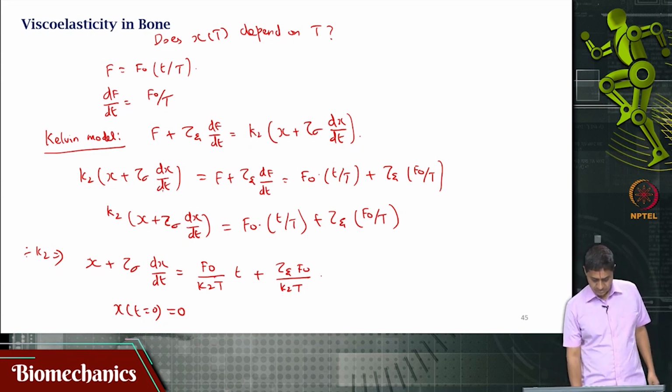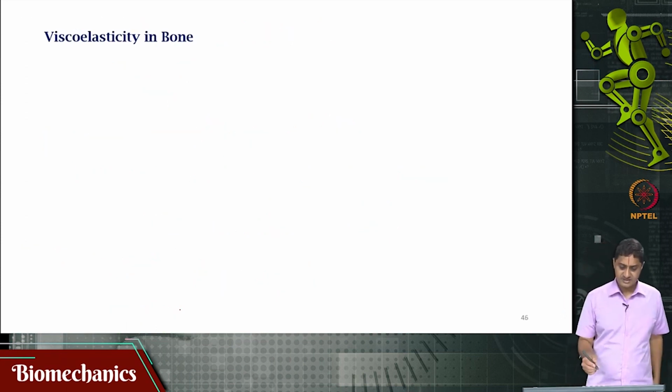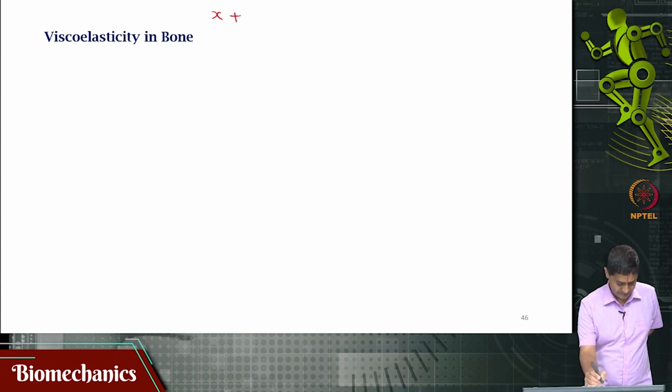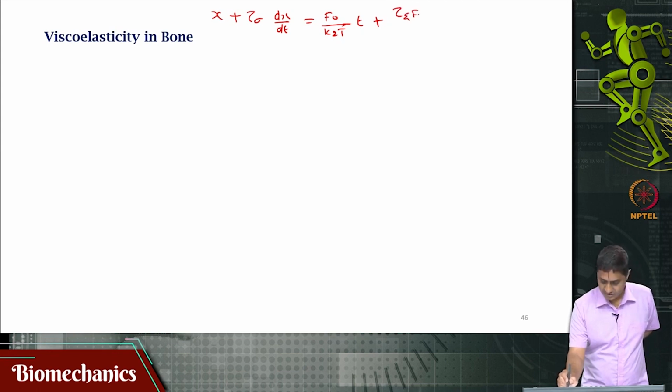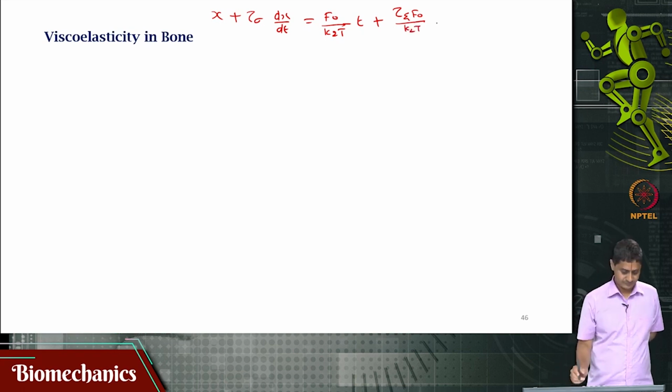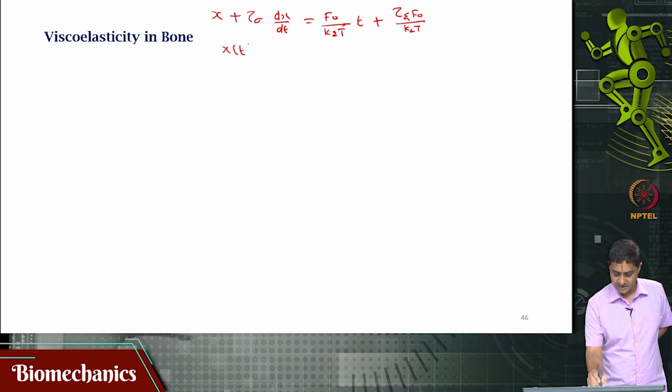Let us write this in the next slide: x plus tau sigma dx by dt is F naught by K2 capital T times small t plus tau epsilon F naught divided by K2 capital T, with x at time t equal to 0 is 0.